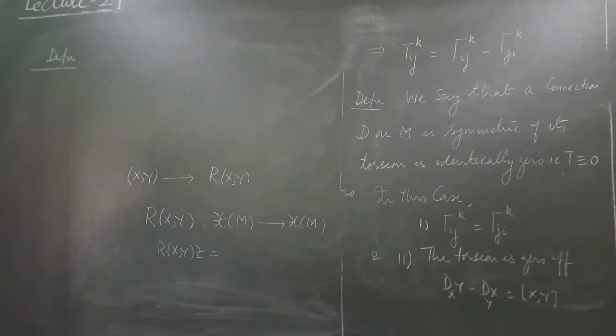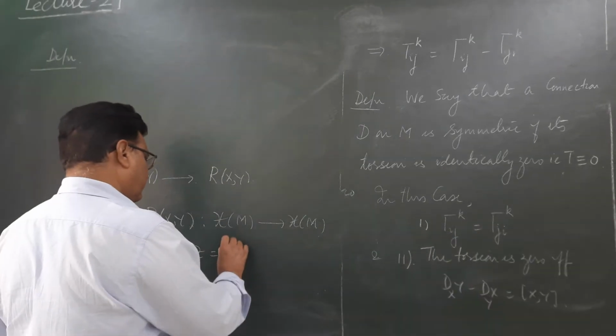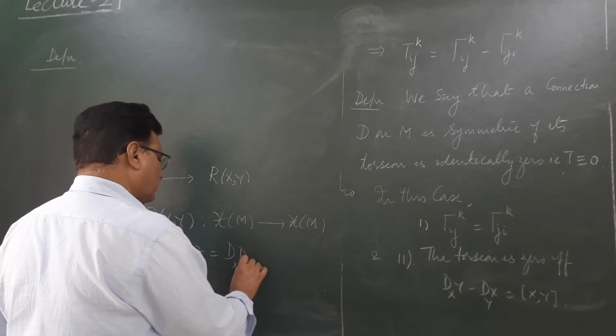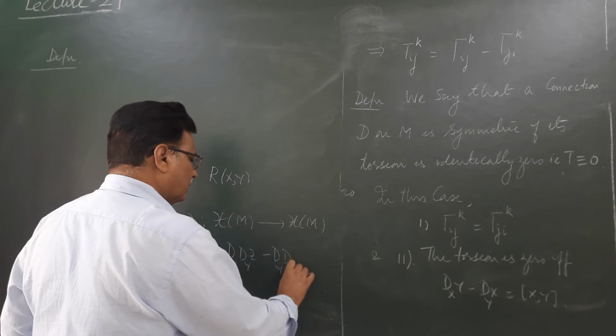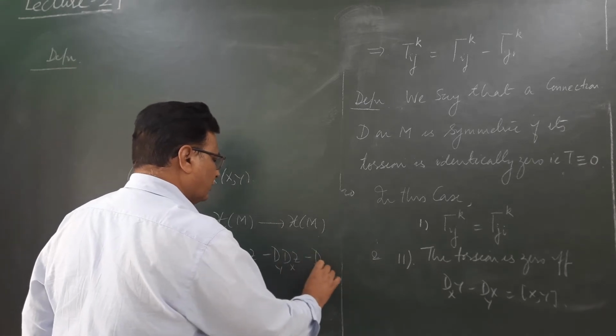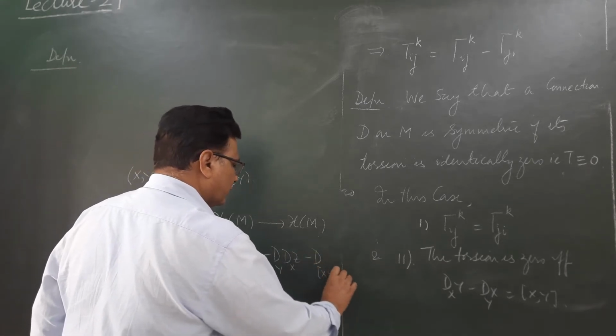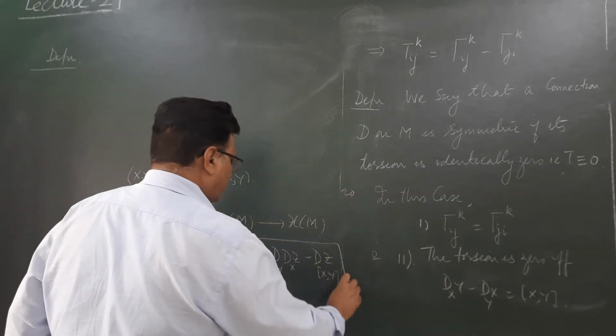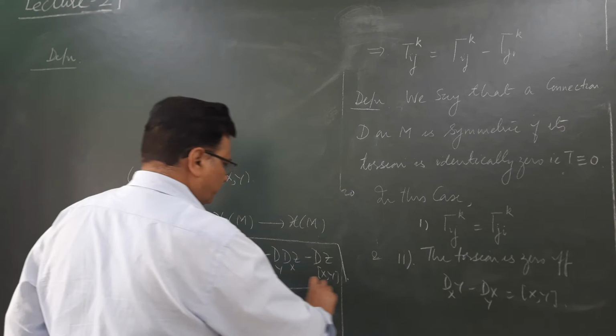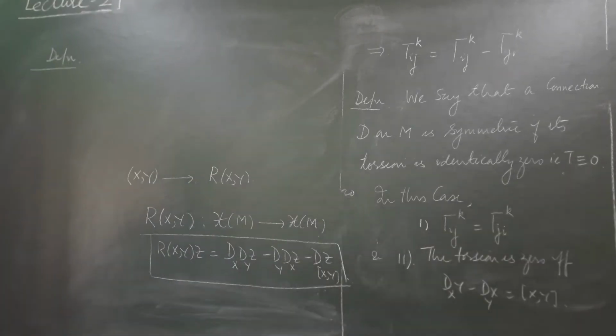and it gives you the following: D_X D_Y Z minus D_Y D_X Z minus D of Lie bracket [X, Y] Z. So I define R(X, Y) by this formula. To a pair of vector fields we consider a linear map. You can see it later that it is linear.